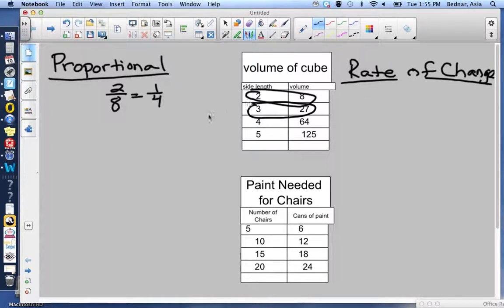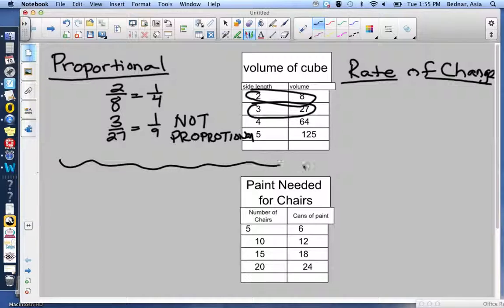Then I'll look at this one. 3 over 27. Well, this is 1/9. Are these ratios, are these rates the same? Nope. So that means that this is also not proportional. The big difference between the two is that this is just a single comparison of two values, and over here you needed to use two separate data points.